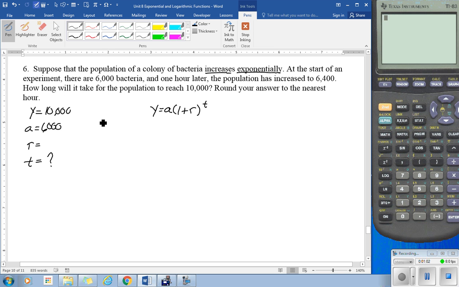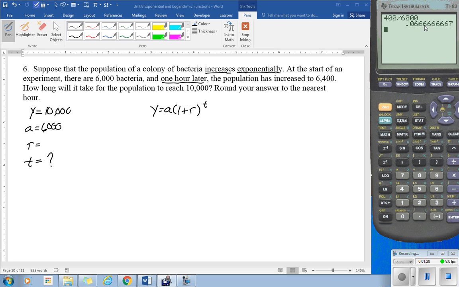So we actually aren't given an r in this one, but they gave us enough information to figure it out. We can find the percent change over the course of 1 hour here. To do that, we just need to take the change that happened. From 6,000 to 6,400, that's a change of 400 bacteria, right? And then we'll ask how much that change is from the initial amount. 400 out of 6,000 is about 0.0666667, so it's repeating.